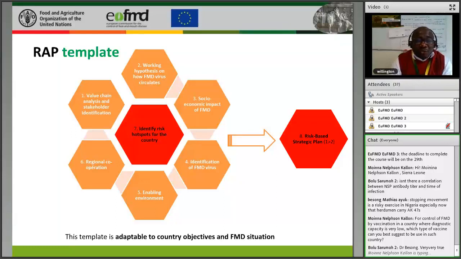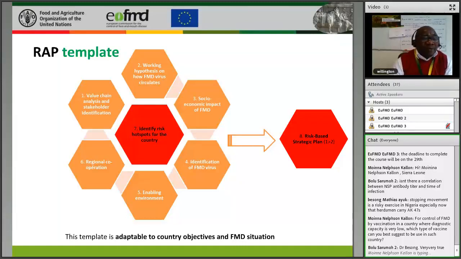The fifth one is to look at the enabling environment. We're talking of the veterinary service, actors, farmers associations, how work is organized, and the capacities they have to engage a control measure.